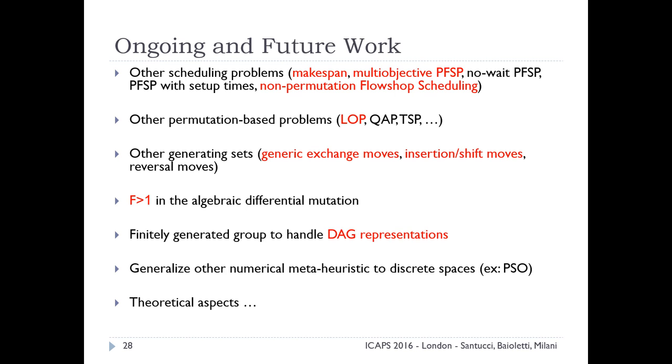This is very simple for us because you can exploit the product group. You consider the Cartesian product of more groups, and it is again a group. We are also applying it to other permutation-based problems like the linear ordering problem. We are considering other generating sets, not only adjacent swap, but also generic swap, generic change, insertion or shift of items.